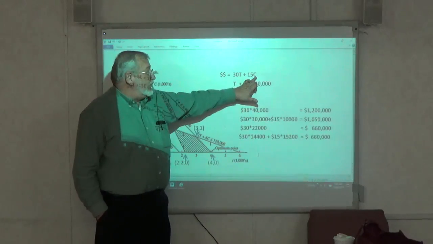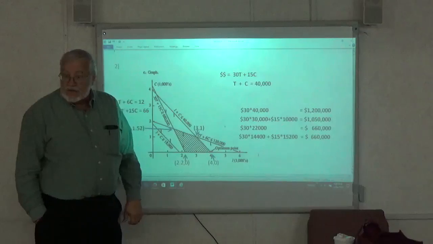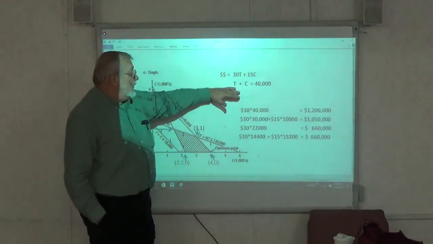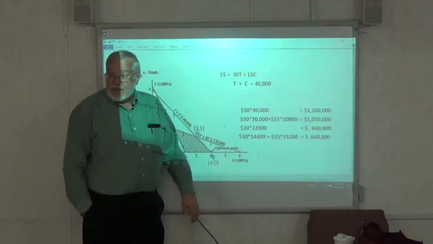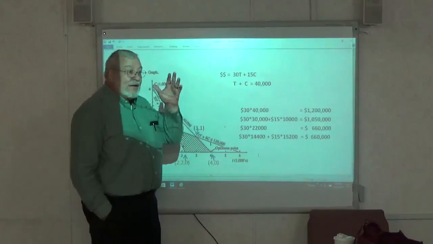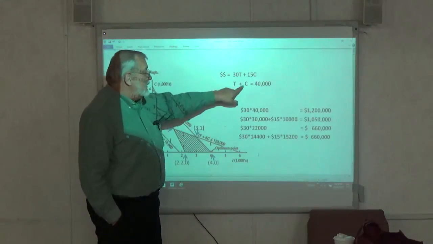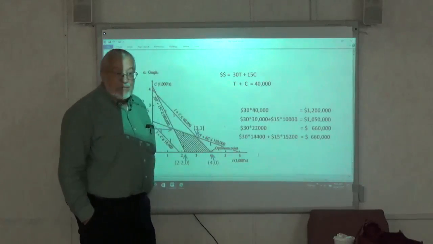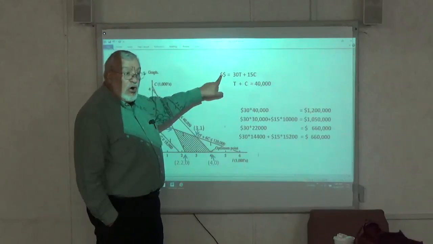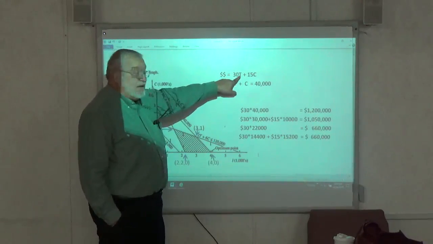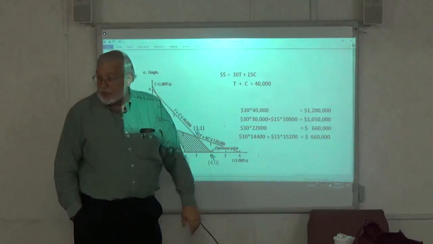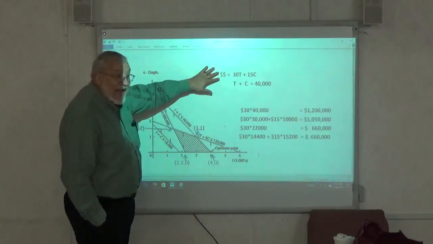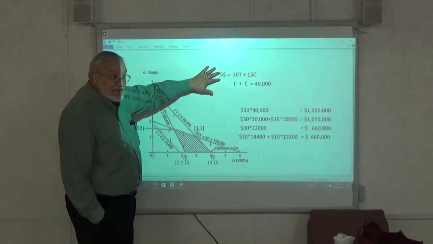If you got oil from California, it costs you $15 a barrel. And according to this, you had to have a total of 40,000 barrels. So if you had a total of 40,000, then T plus C is equal to 40,000, and then the cost would be 30 times the barrels from Texas plus 15 times the barrels from California. All right, that's just basic algebra, right? Does it make sense so far?